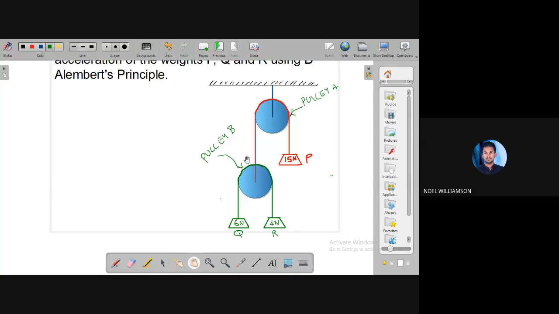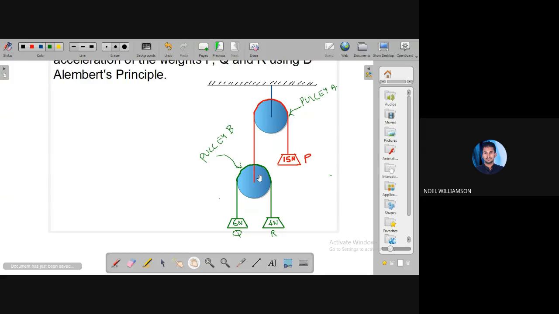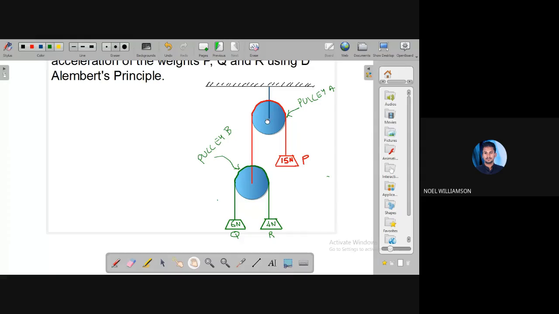If we consider the weights of the pulleys A and B as negligible, or take the weight of the pulley as 0, then considering pulley A, we can analyze the movement of this string, this red color string.